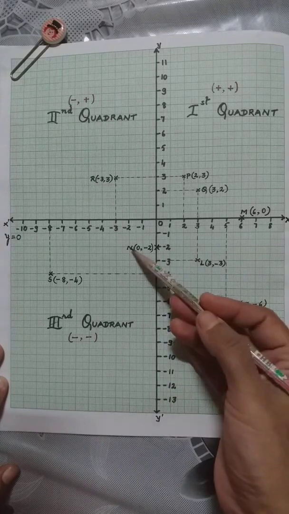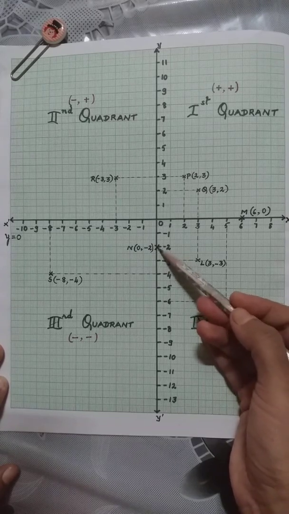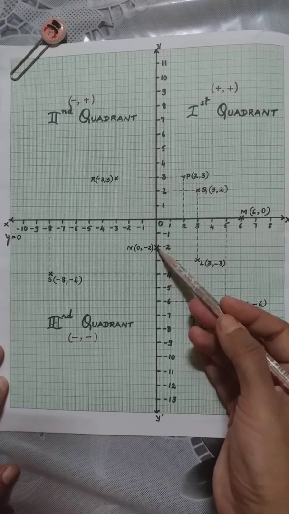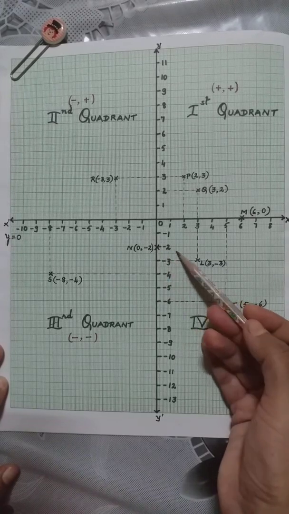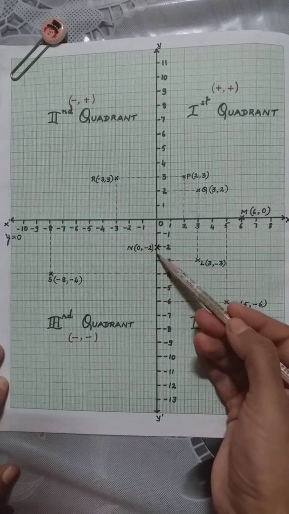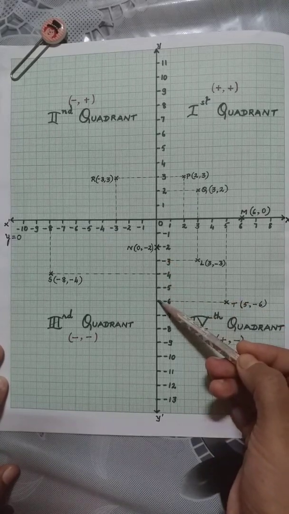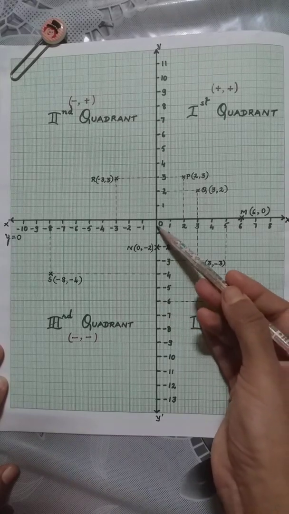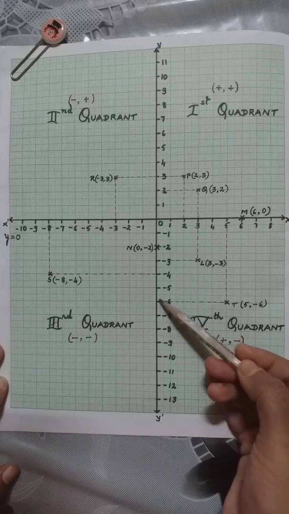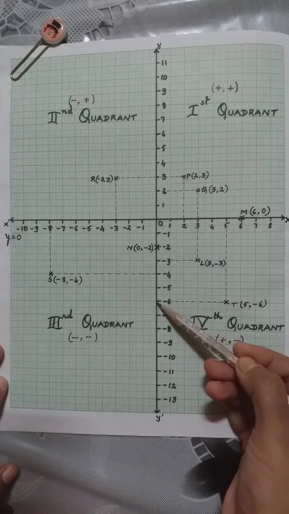Coming now to a point on the y-axis. So you see this point N here. It represents 0 on the x-axis, but it represents -2 on the y-axis. Therefore, its coordinates will be 0, -2. What if I take this point here? This also corresponds to 0 on the x-axis and -6 on the y-axis. Therefore, it will be 0, -6.